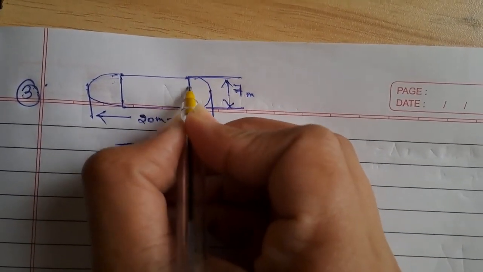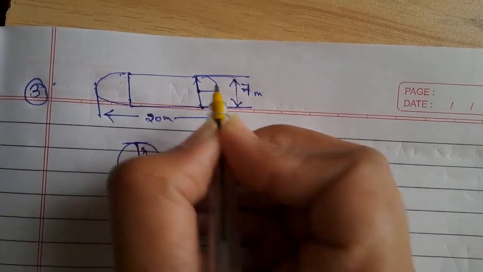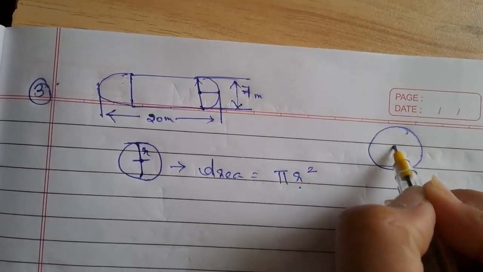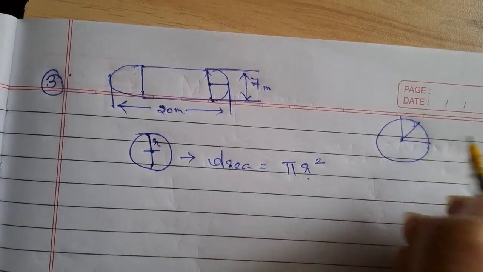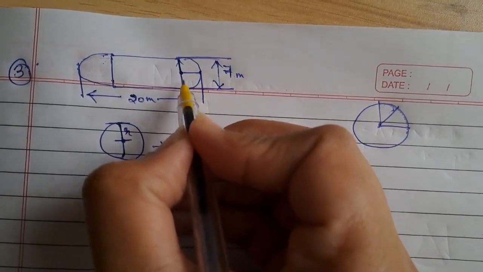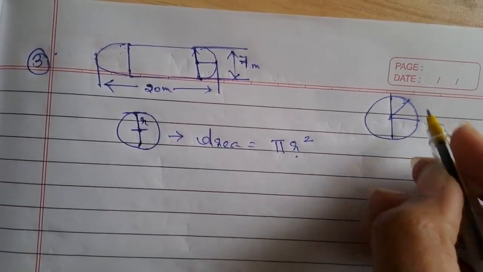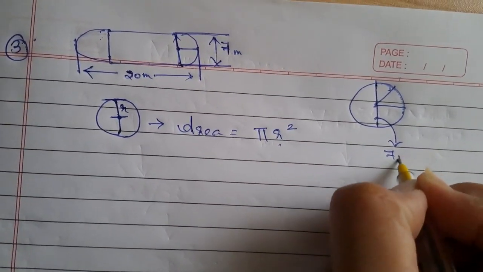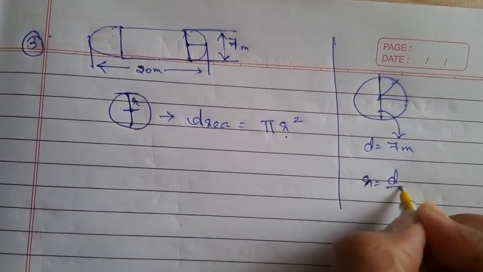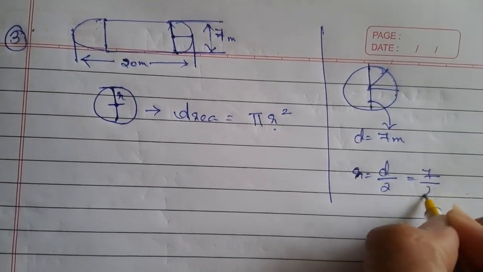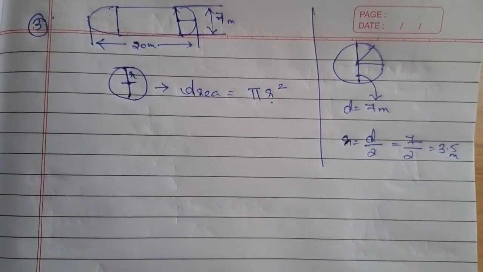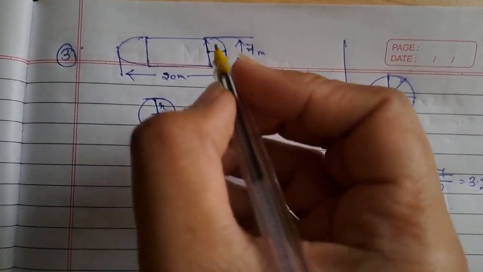The radius in a circle can be anywhere, it is going to remain the same. But the diameter of the circle is given as 7 meters. Then the radius is diameter by 2, which is 7 by 2, equal to 3.5 meters.